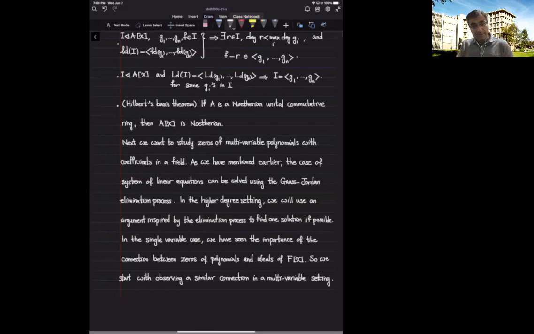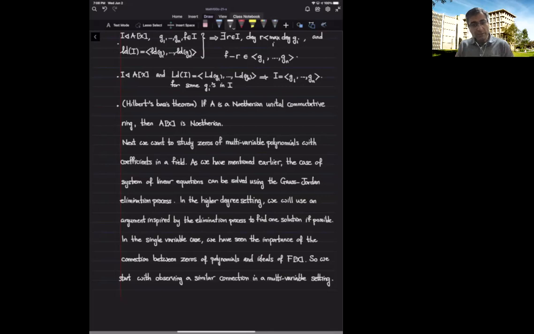The other one is that because we want to solve even the single variable cases, we have to assume that the field is algebraically closed. Otherwise, there are many single variable polynomials that do not have any zero inside the field F. So these are the assumptions that we are making.